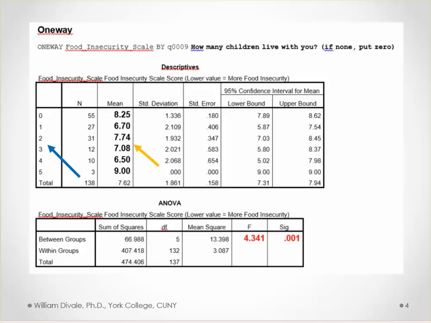So that's saying that the differences in these food insecurity scale scores by the number of children a person has would only occur by chance 1 out of 1,000 times if we did this study. So that's telling us that the number of children you have living with you does influence your food insecurity scale score.